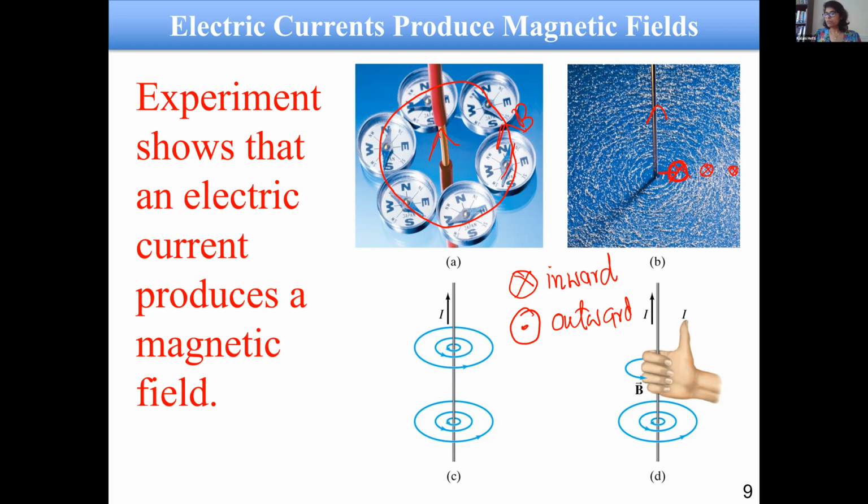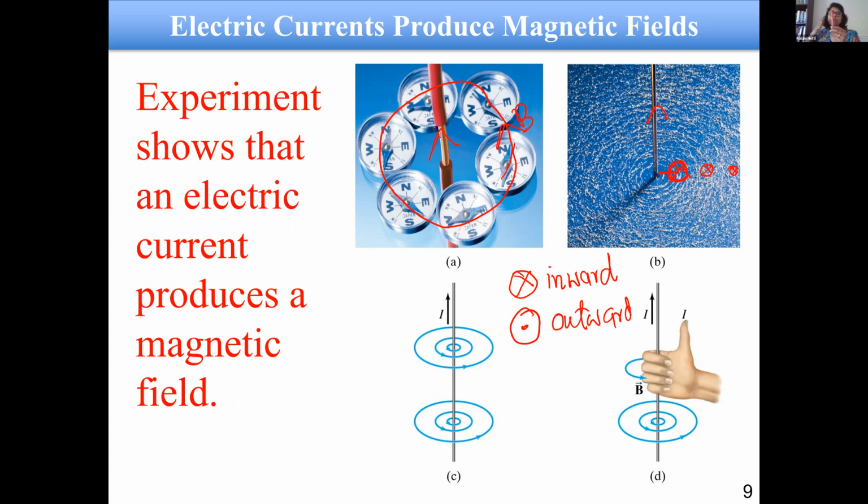First, if I have the current going in the upward direction, you're going to take your right hand, only the right hand, and your thumb is going to point in the direction of the current, and then you're going to grab the wire. The grabbing direction will be the magnetic field.